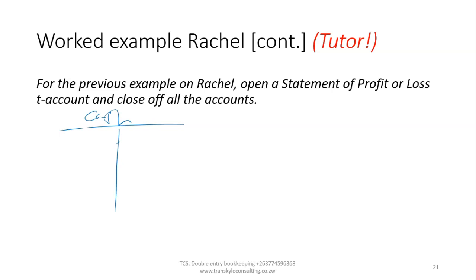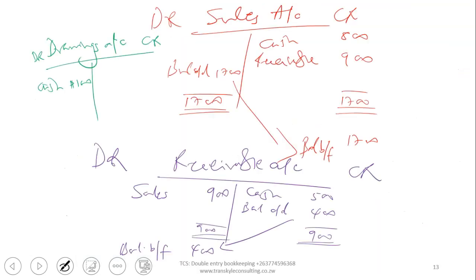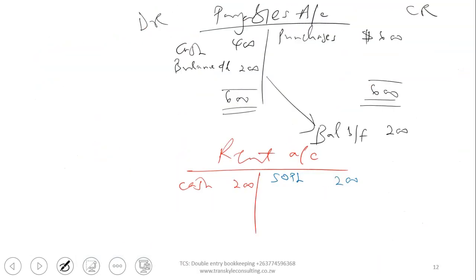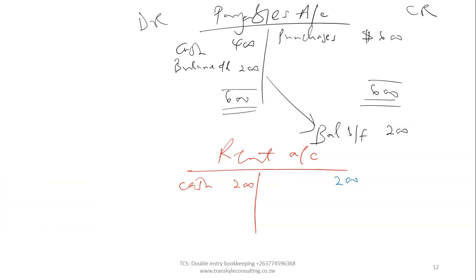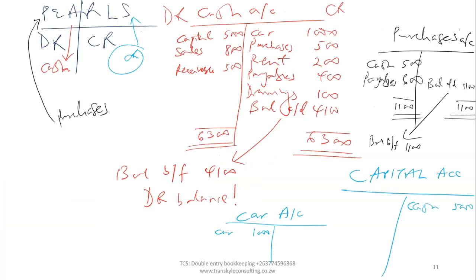Okay, the cash account, if you still remember, the cash account had a balance brought forward. If we go back to our ratios workings, the cash account, let me just erase this so that you won't be confused of what is going on. The cash account is here, ladies and gentlemen, where we are saying the balance brought forward was 4,100 debit.